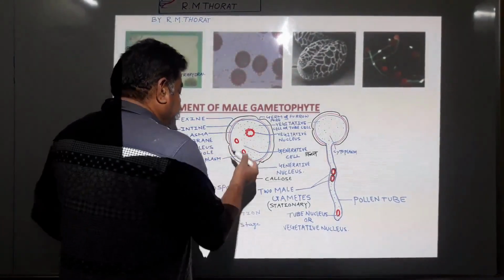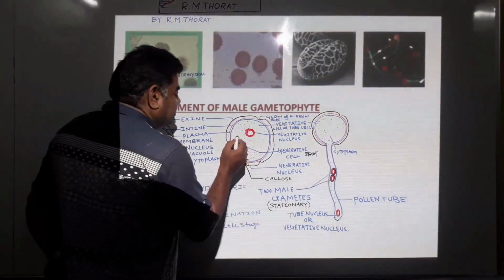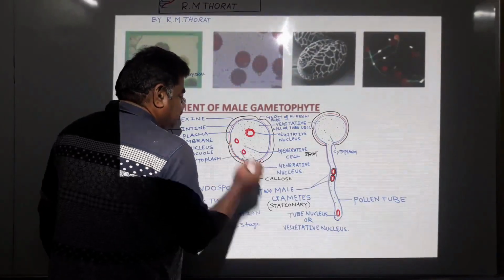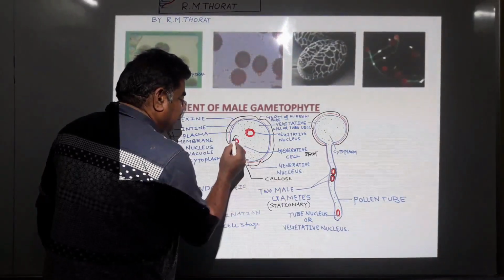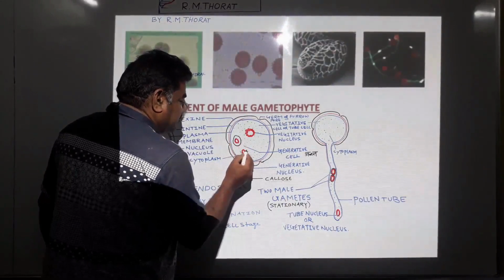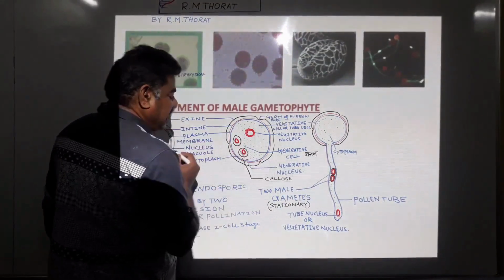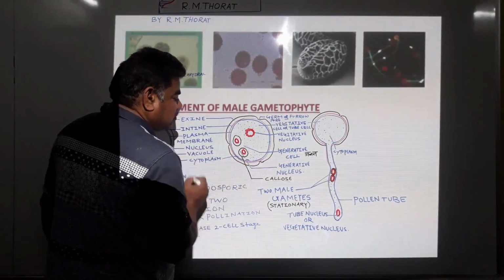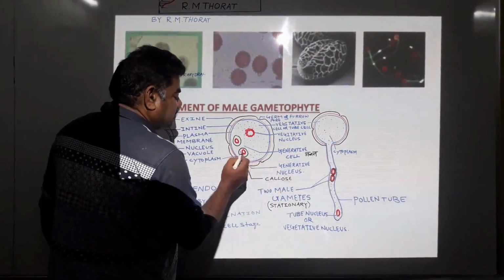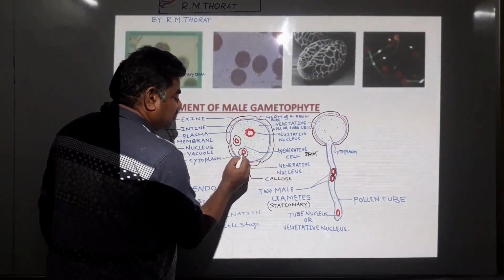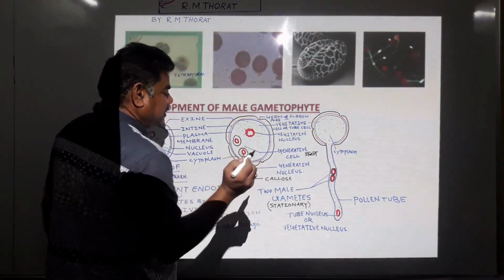The nucleus divides mitotically, and it is surrounded by this material we call callose, like this. So this one is the callose, and this one we call the generative nucleus.